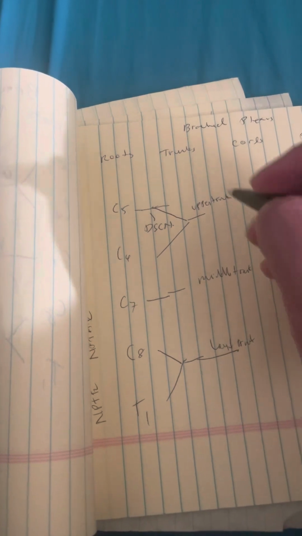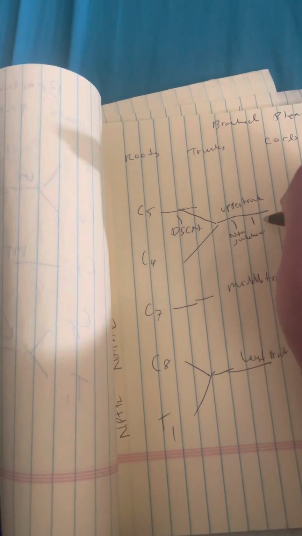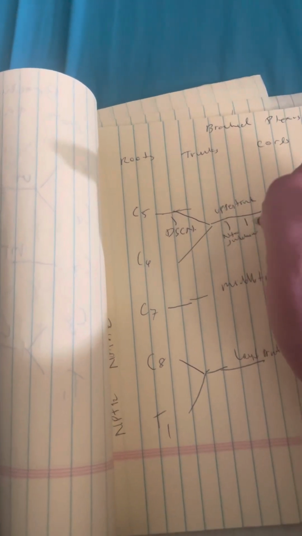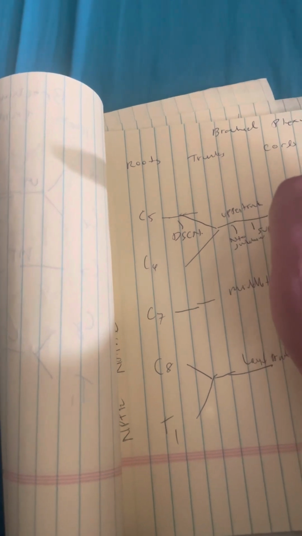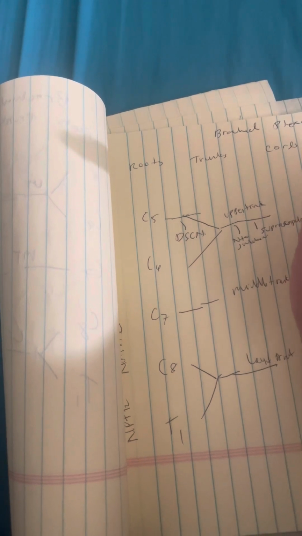So for the upper trunk, there are two nerves there, not muscles, two nerves: the nerve to subclavius, and the other one is the suprascapular nerve.